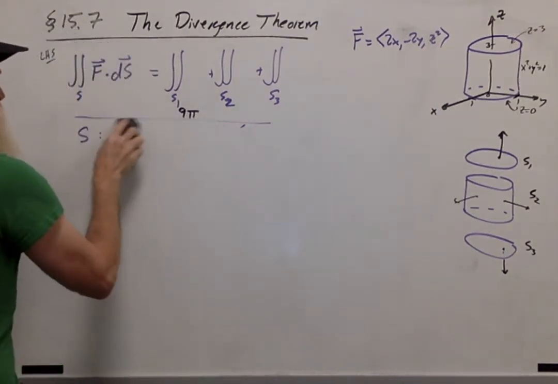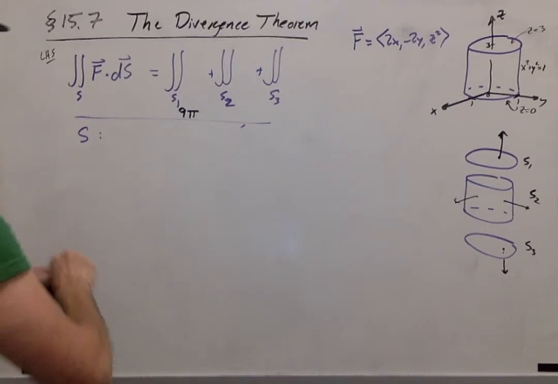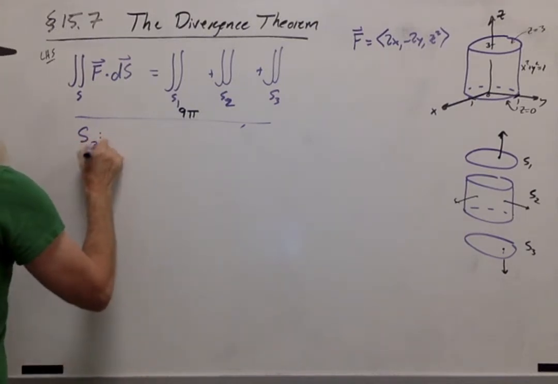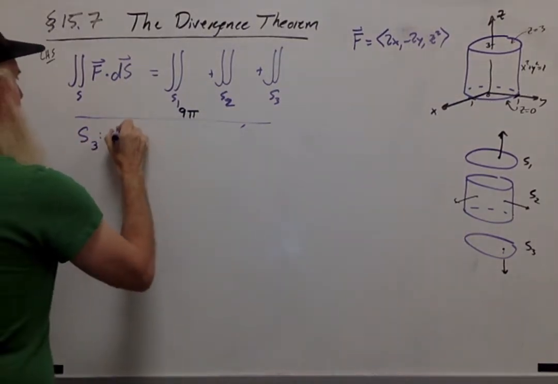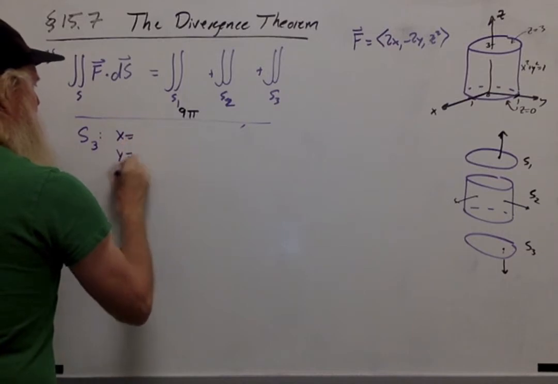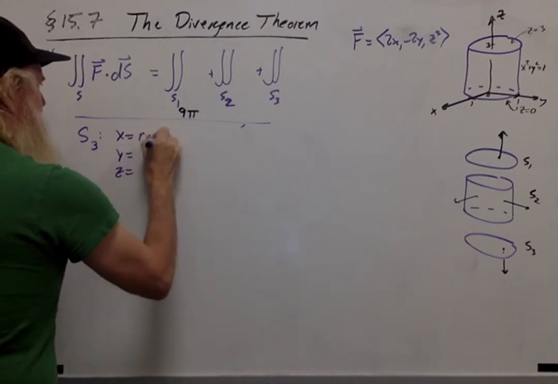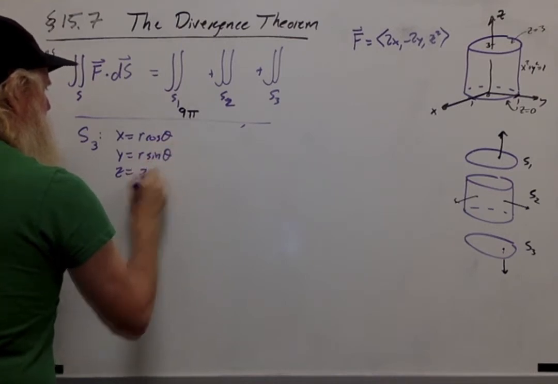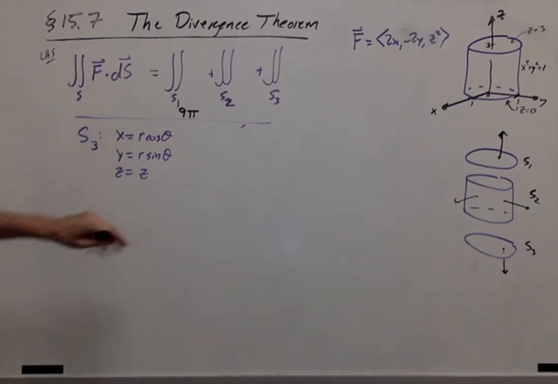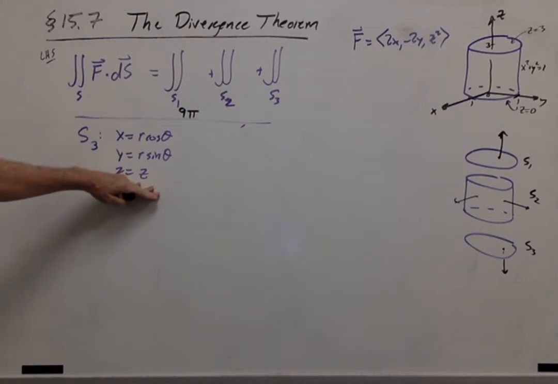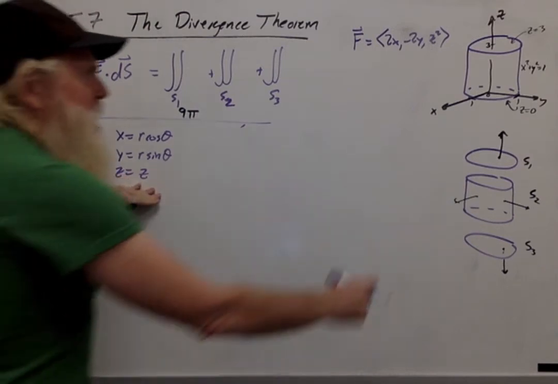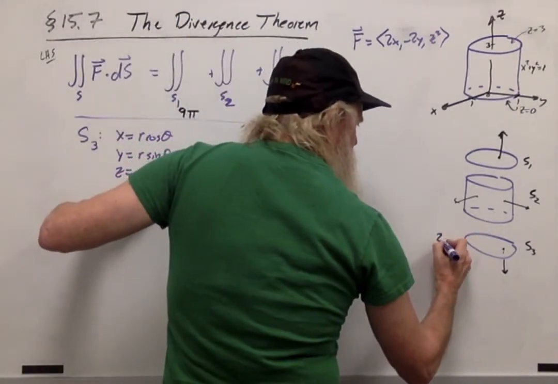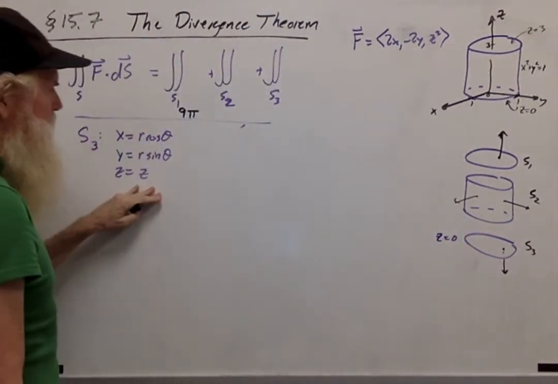In fact, S3 is so similar to S1, it would be an excellent exercise for you to pause the video and see if you can figure it out. So the general cylindrical coordinates are x equals r cosine theta, y equals r sine theta, and z equals z. This bottom disk has equation z equals 0.